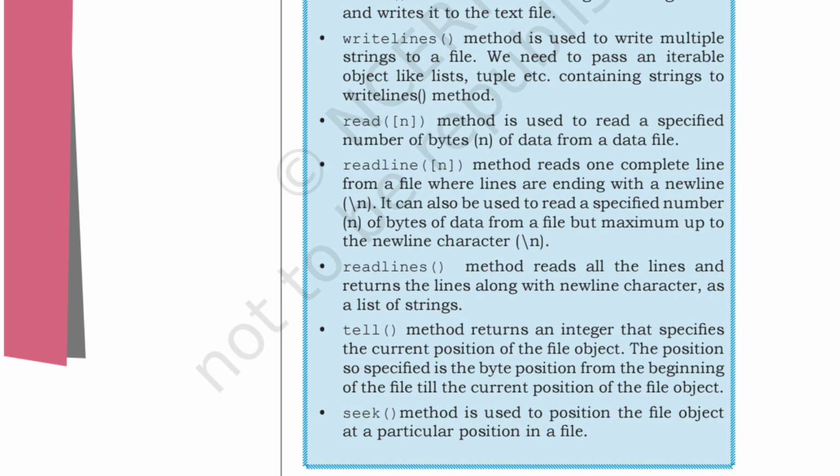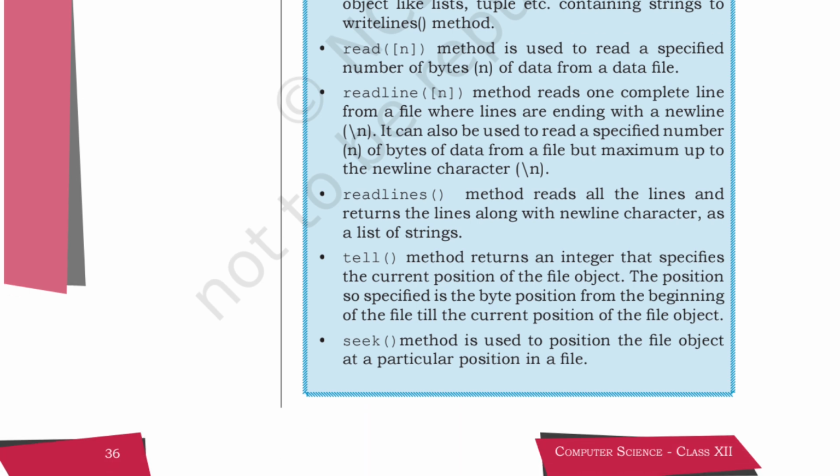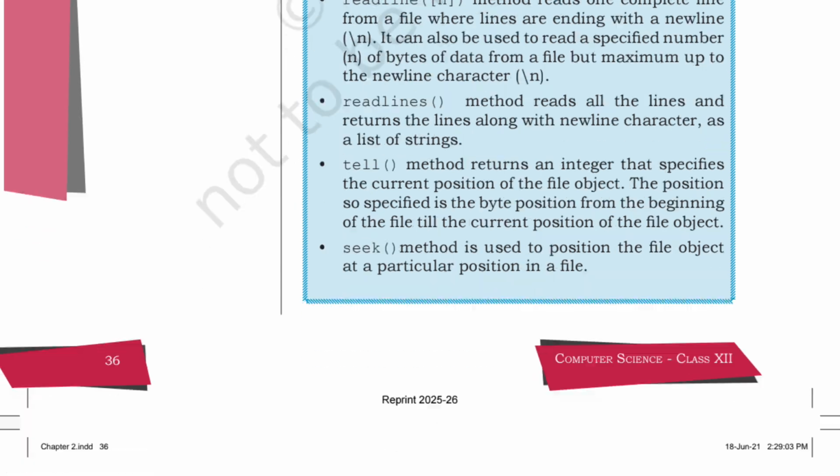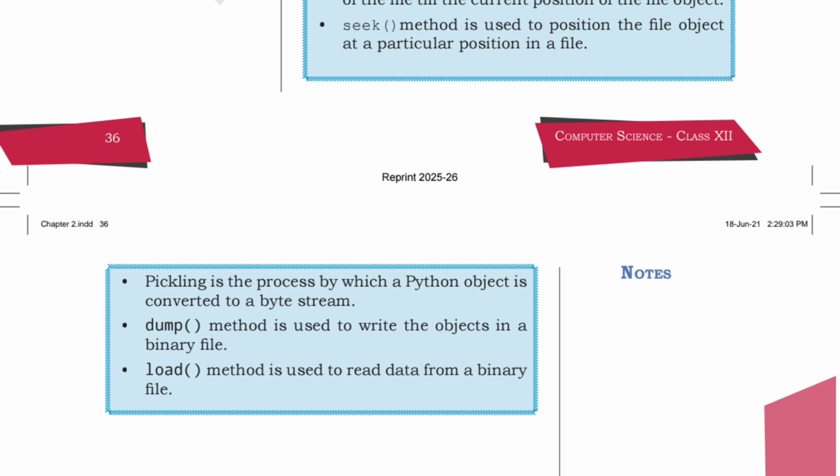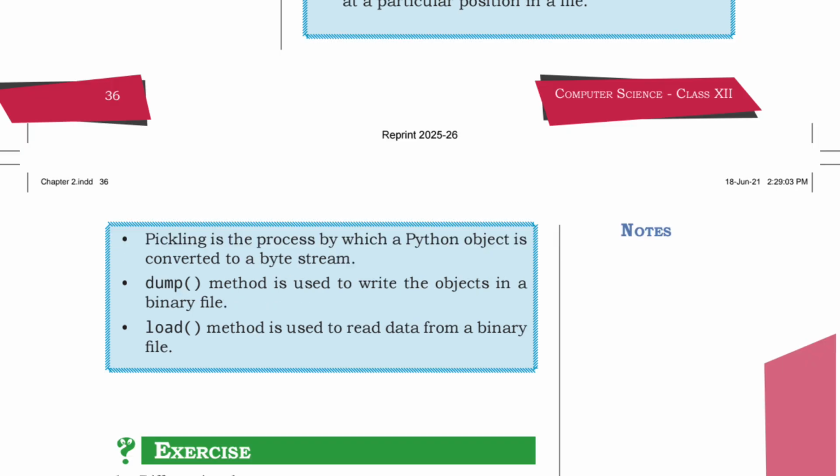And the readlines method reads all the lines and returns the lines along with the newline character as a list of strings. Okay, readline will read one line and readlines will read multiple lines, that is, a list of strings. Then dump and load methods, the pickling method, already I taught you.